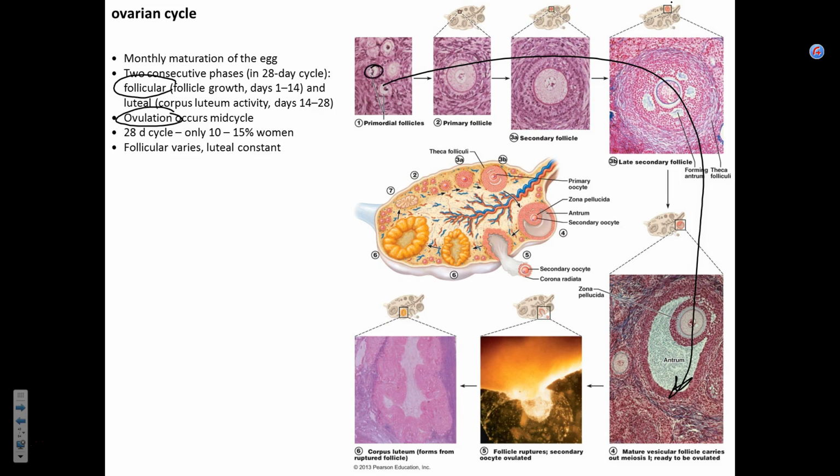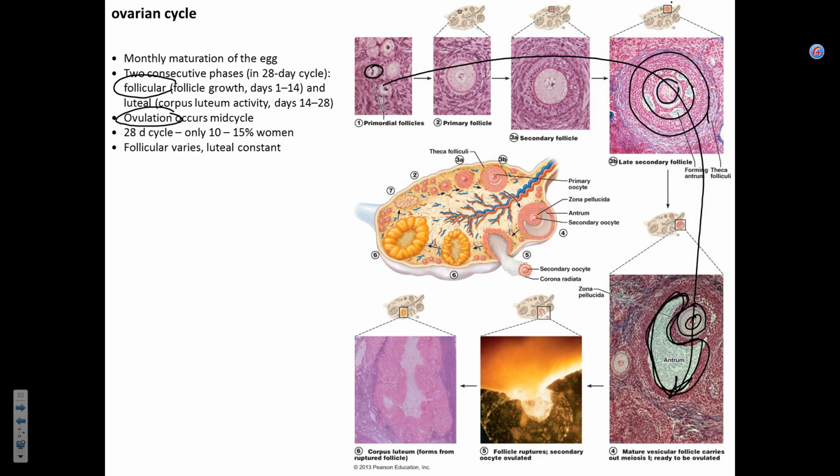As it increases in size, you still have an oocyte somewhere in the center. The oocyte is surrounded by antrum and theca folliculi, which is formed by thecal cells. Eventually you can see the oocyte surrounded by zona pellucida and the antrum. So this vesicular follicle is ready to ovulate.